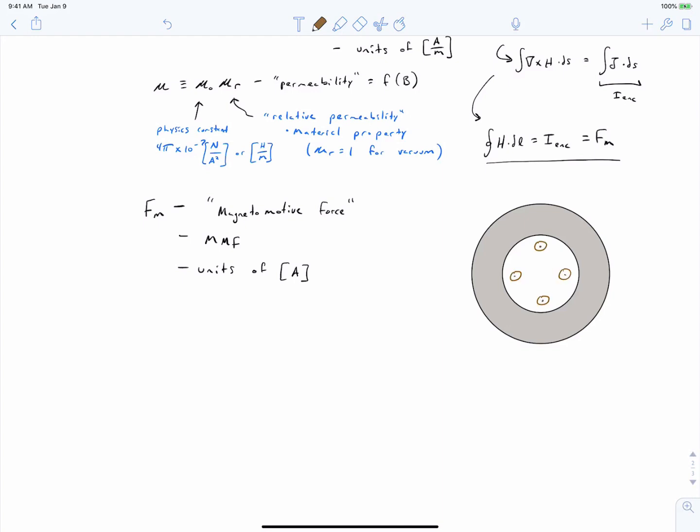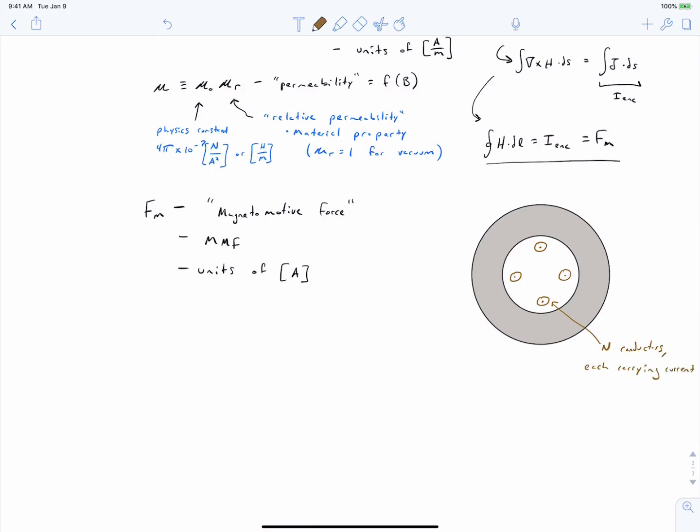So I've drawn 4 conductors, but let's just generally assume that we have in here N conductors that each have a current of I. And so when we draw conductors carrying current, we use a circle with a dot in the center to represent a conductor that's carrying current coming out of the page.